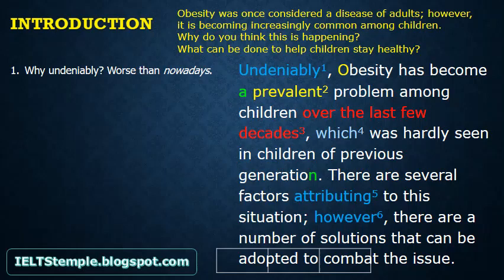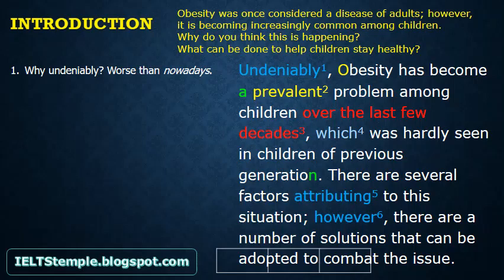Okay. It starts off with a phrase, undeniably. There's our introduction. Obesity has become a prevalent problem. Now, this phrase, undeniably, means that it cannot be doubted. It's such a strong word to start your essay with.